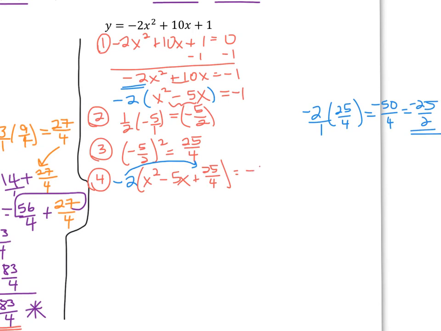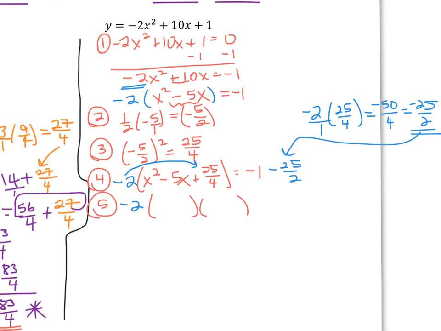So we already have negative 1, but now we're going to subtract 25 halves. I know it's a lot of negatives and a lot of fractions, but we've done so much work with fractions already this semester, this shouldn't be so bad. All right, step 5, we'll continue on so that we can finish. We still have that negative 2 out in front, but remember to factor here, try not to let that fraction fool you.